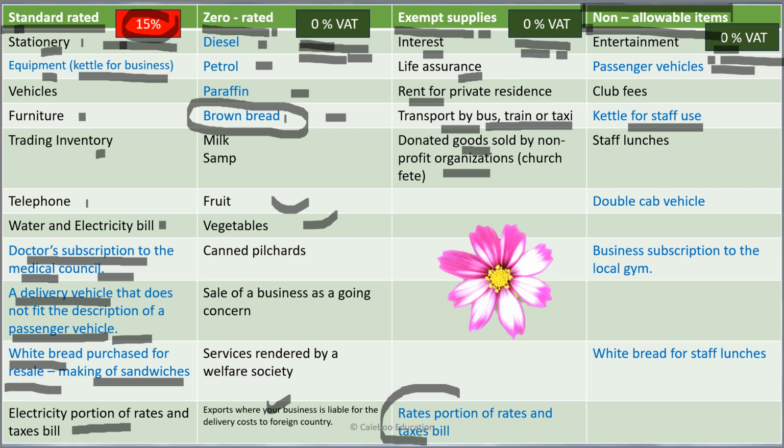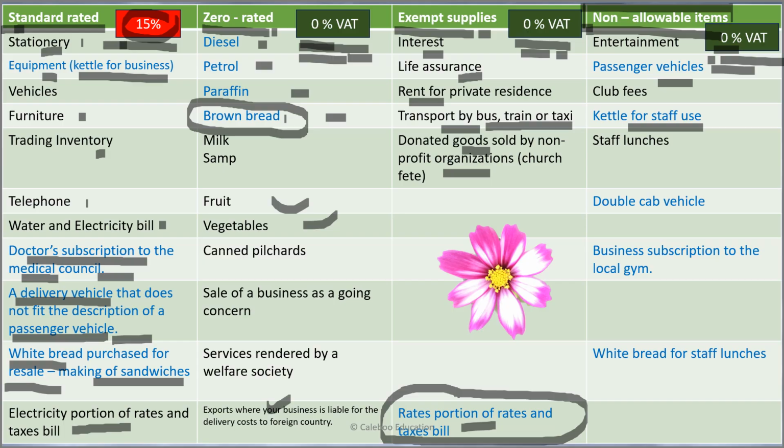This will pop up later when we do some journals. The rates portion of the rates and taxes bill is exempt, and it will affect our calculation when we calculate VAT.